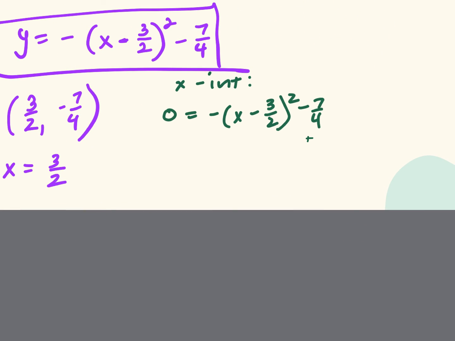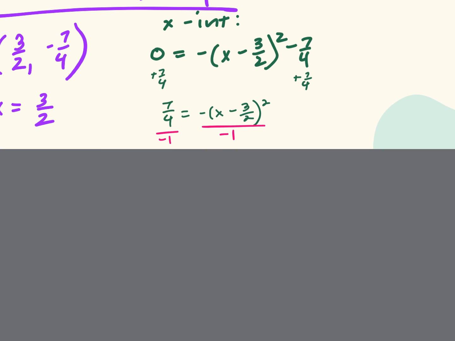I'd add the 7/4. I would divide by -1. And I end up with -7/4 equals x minus 3/2 squared.